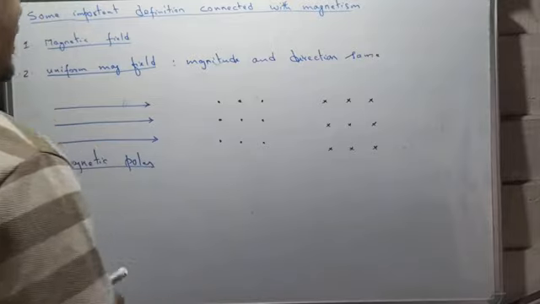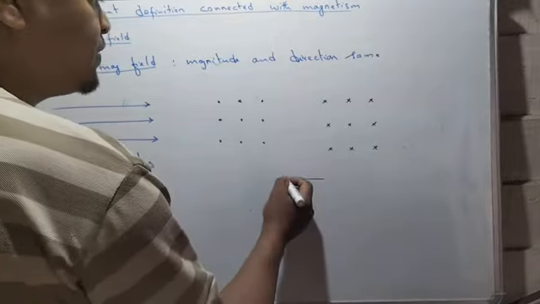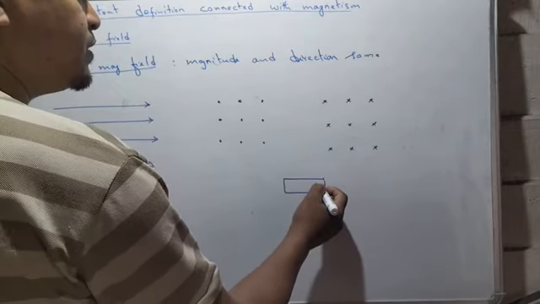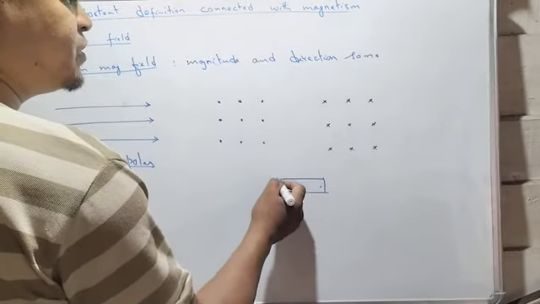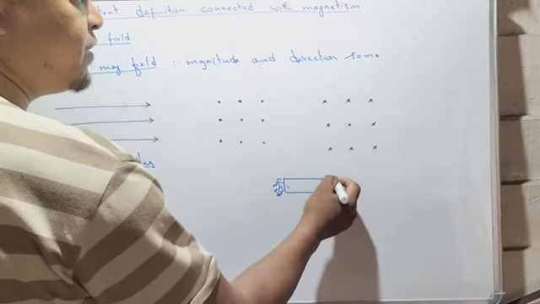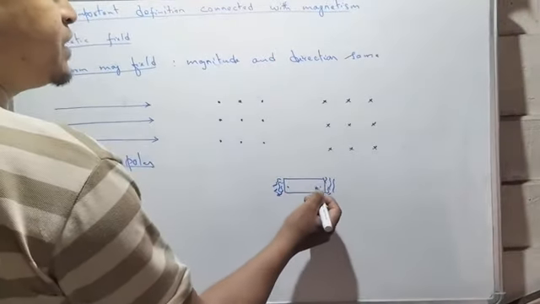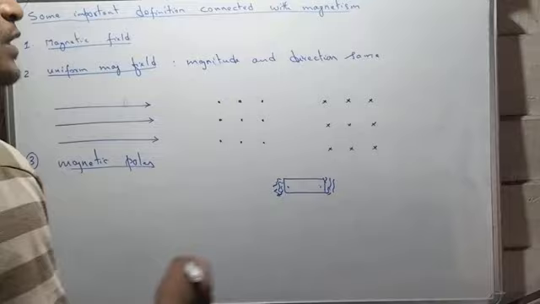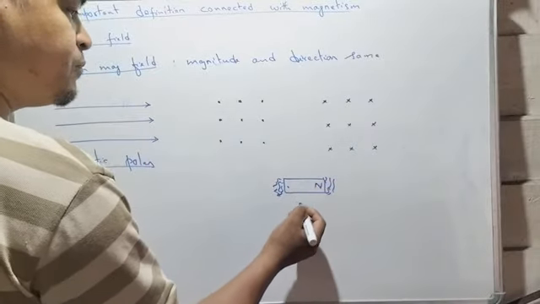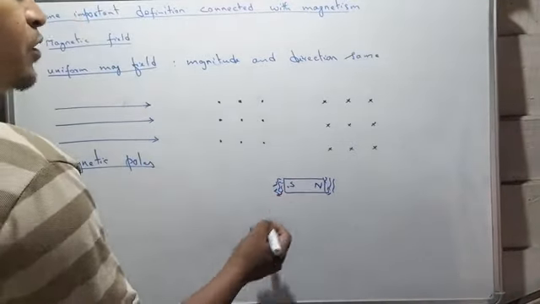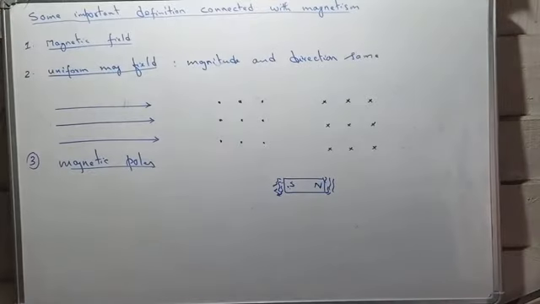I think I have explained this before. If this is my magnet, and at these two regions the attraction of objects is very, very strong, then these regions stand for the poles of the magnet. This may be a north pole and this a south pole, or this is north and this is south. So that is a magnetic pole.